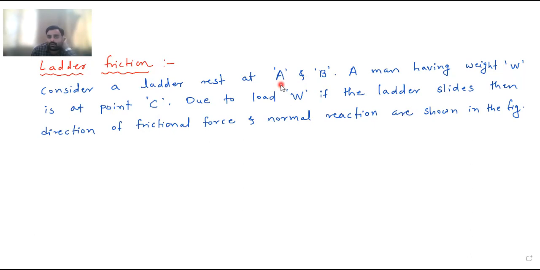Let us say the point on the ground floor is A, and the point resting at the wall is B. A man having weight W is at point C, meaning someone has climbed on the ladder and his weight is W. Due to the load W, if the ladder slips or slides, then the direction of the frictional force and the normal reactions are shown in the figure.